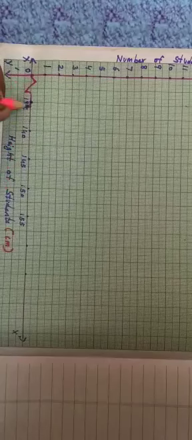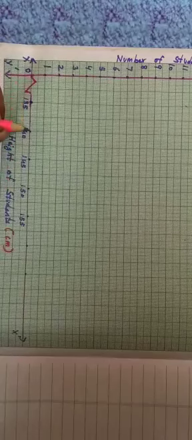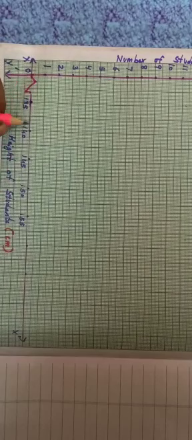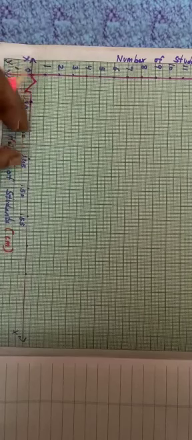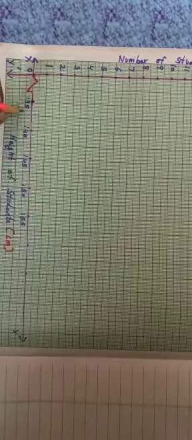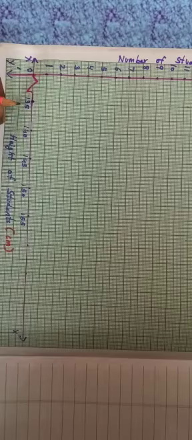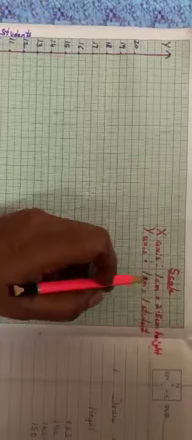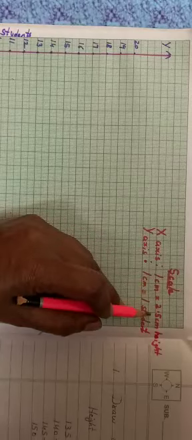So this 5 centimeter difference is equal to 2 centimeter on the graph. So 1 centimeter will be half of 5, that is 2.5. So the scale should be written like this: 1 centimeter is equal to 2.5.